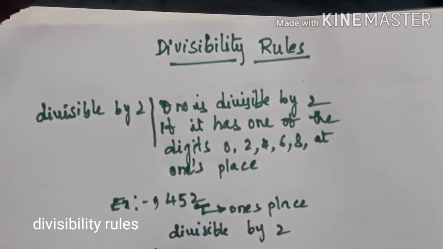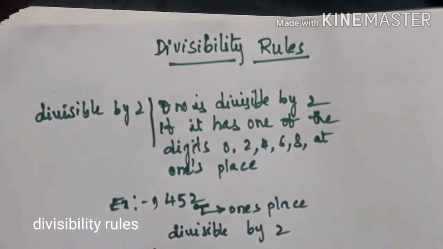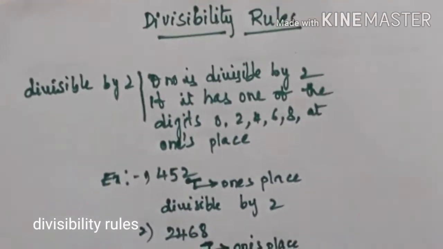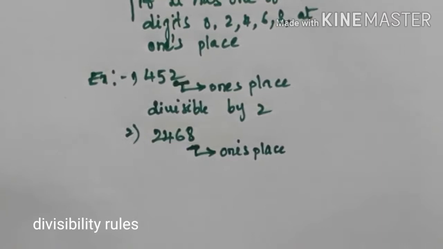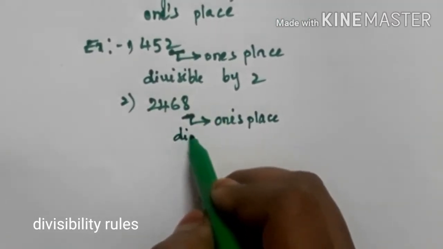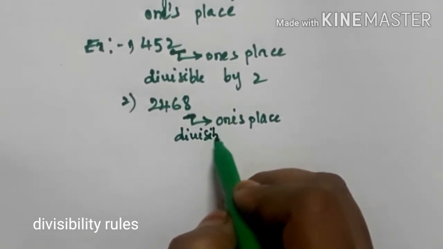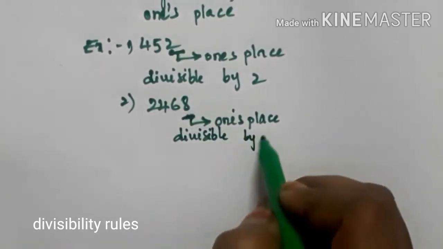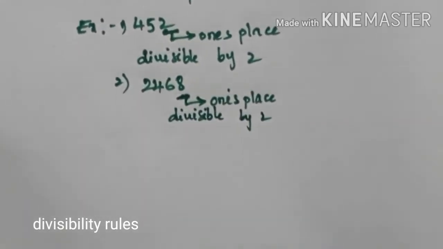Second example, 2468. In 2468 at one's place we have 8. So 8 is also divisible by 2. So 2468 is divisible by 2.